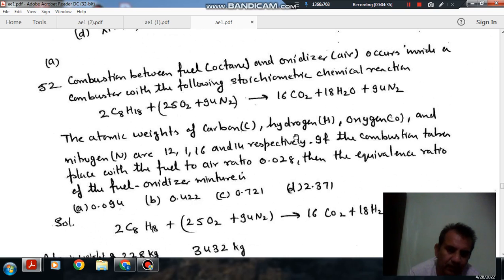The atomic weights of carbon, hydrogen, oxygen and nitrogen are 12, 1, 16 and 14 respectively.